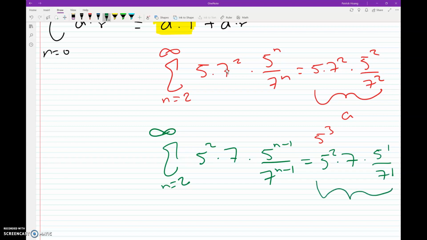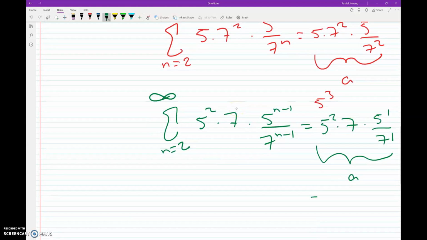This is our a value. After some simplification, this would be 5 cubed. And you can see now that the a values are all the same. They should all be the same because it should be the first term in the series. So if we were to plug it into our equation for the convergence of the geometric series, it would be 5 cubed divided by 1 minus 5 over 7.